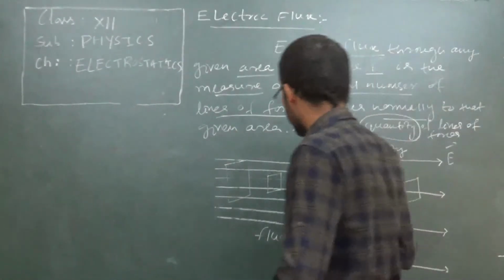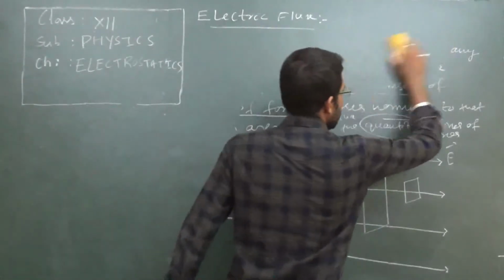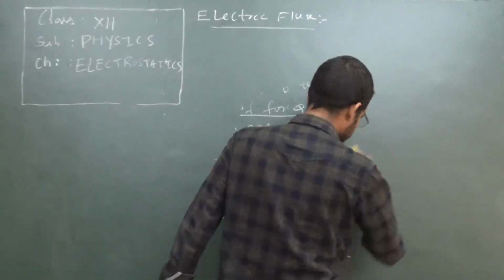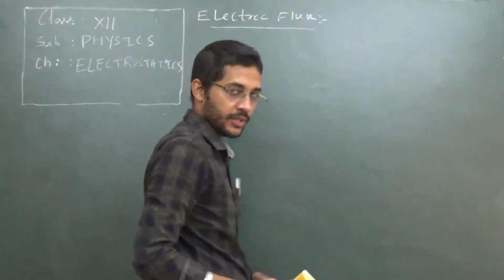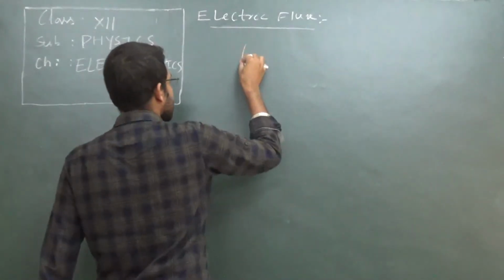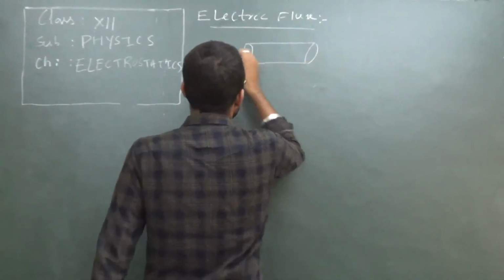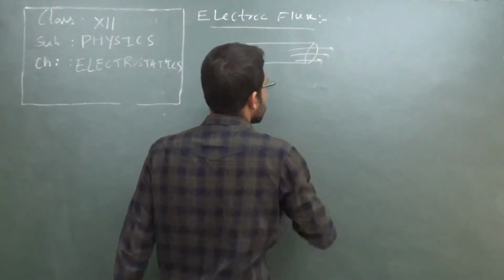Okay. So let us discuss more about this concept. Let me give an example. Let us consider water flowing in a particular direction. I am drawing the diagram. This is a pipe, and let us say water is flowing in this direction every time.